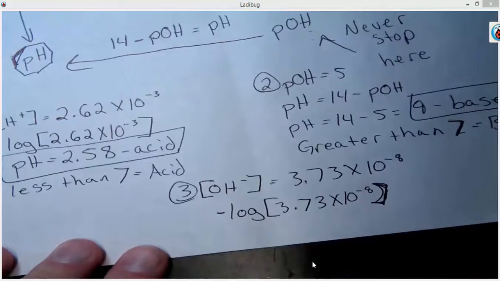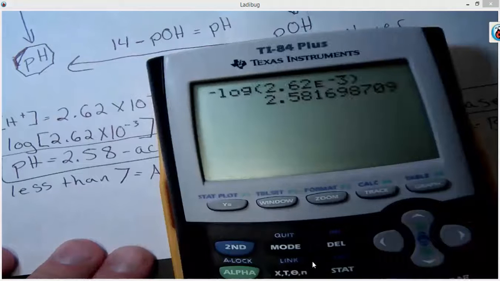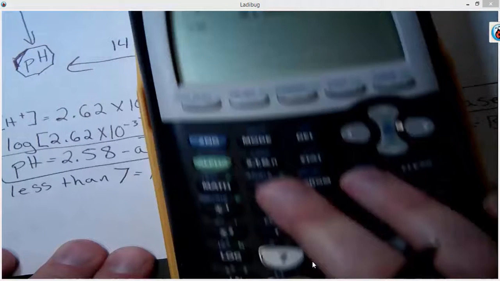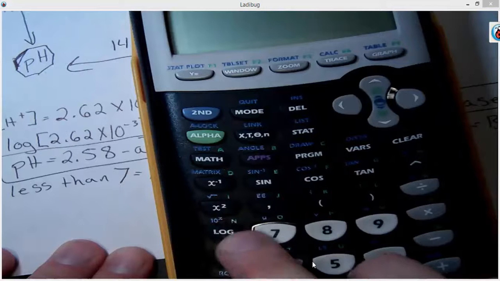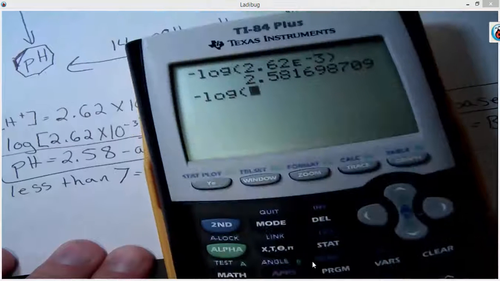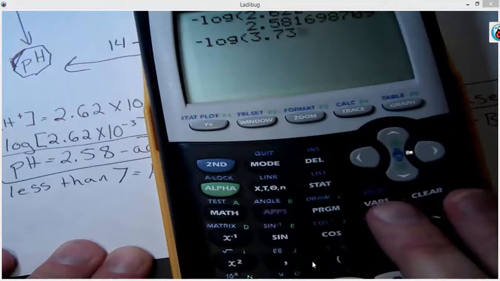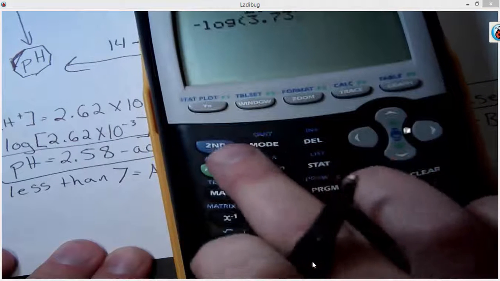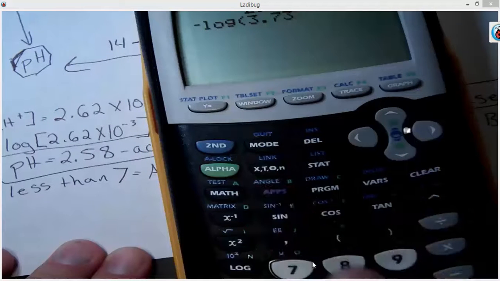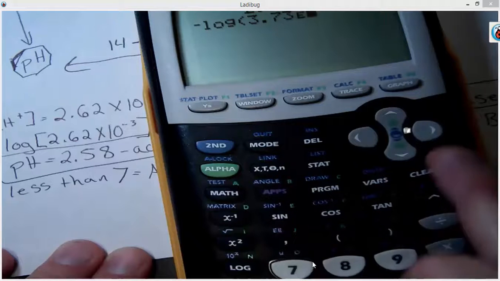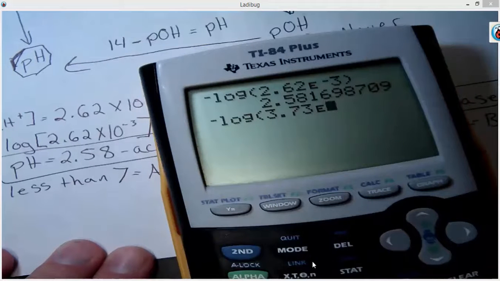When we put that in the calculator, we do the same thing: negative log, 3.73, second, double E, and then our exponent is negative 8.